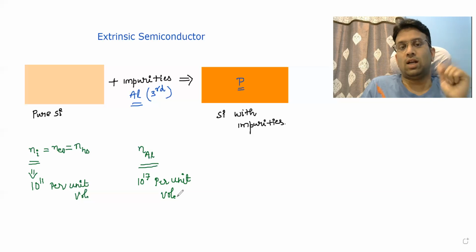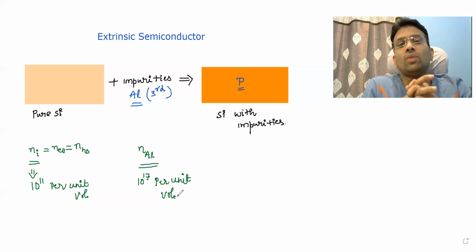Now, please understand, silicon is the base. And since aluminum has only 3 electrons in its valence shell, every aluminum adds a hole without adding an electron.